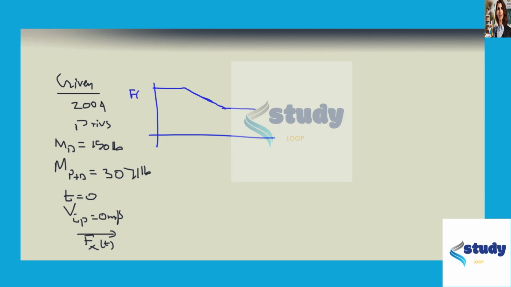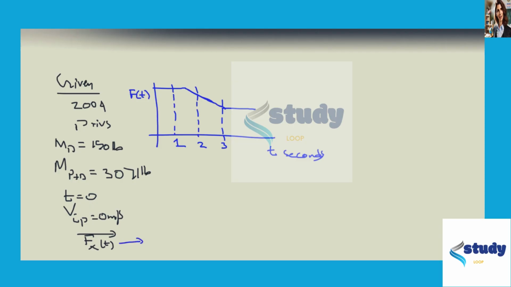So this is the force itself, and this is the time related to the force. Right here we have a time of 1, somewhere right here we have a time of 2, and somewhere right here we have a time of 3. This is time in seconds.